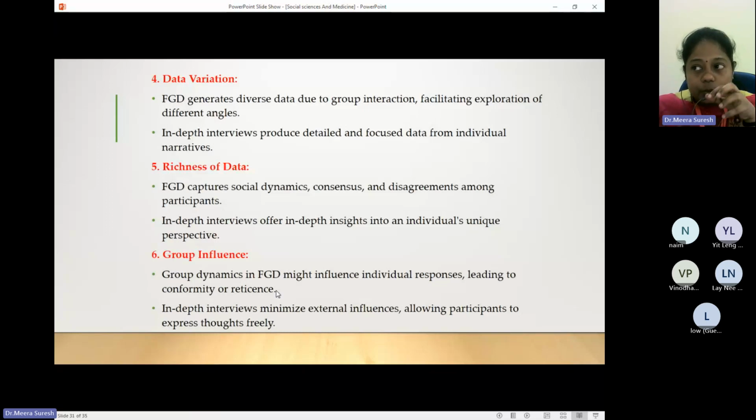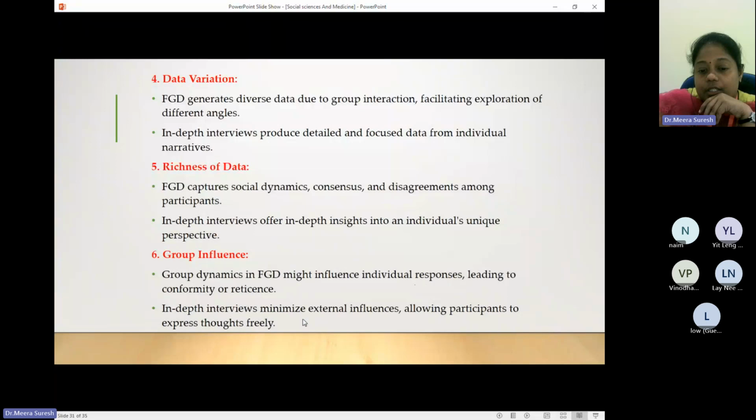As a moderator, you should be aware that such a bias is possible, and it is up to you to reduce as much bias as possible. You can't completely diminish it, but there are some ways to address it. So this group dynamics is going to influence individual response, either making them more responsive or making them silent.